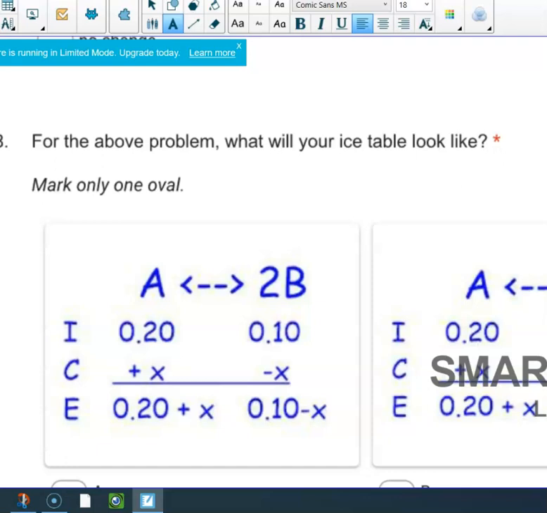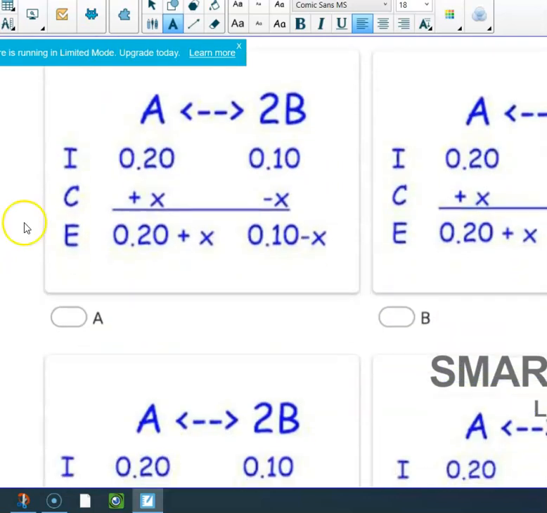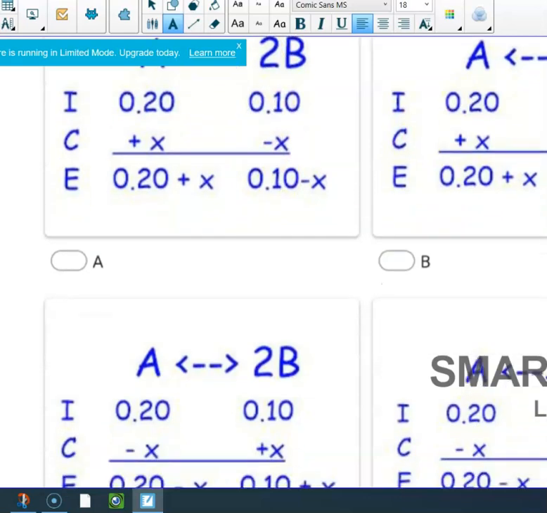But anyway, what your ICE table looked like for number 1 or letter A cannot be true. There's a couple things wrong with this. Remember, Q is less than K, so you're not going to add here and subtract here. You're going to do the opposite. So that's why B is wrong. And what else is wrong here is your x coefficient. If there's a 2 here, it's minus 2x in that case.